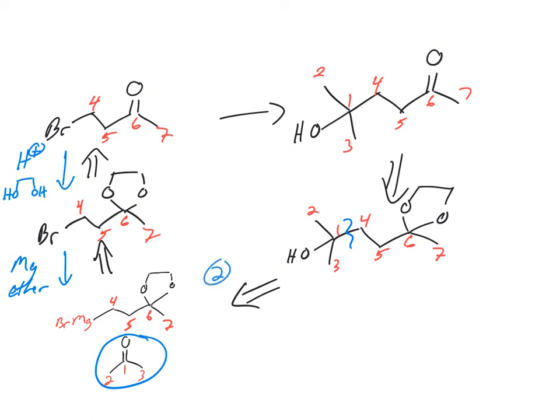And then step 2 would be adding H plus to protonate it. And in this same step, I could actually use H plus in water. That would also protonate this alcohol, but also take off the mask, the protecting group, and get us back here. And we'd also have the alcohol from before, now off the molecule.